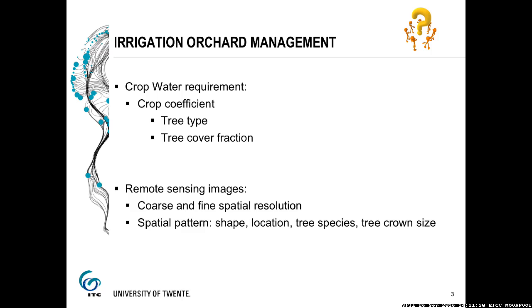As you know, remote sensing images can be grouped into coarser and finer spatial resolutions. In the coarser spatial resolution, we may observe the individual trees, but in different spatial patterns, so we cannot really detect them specifically.